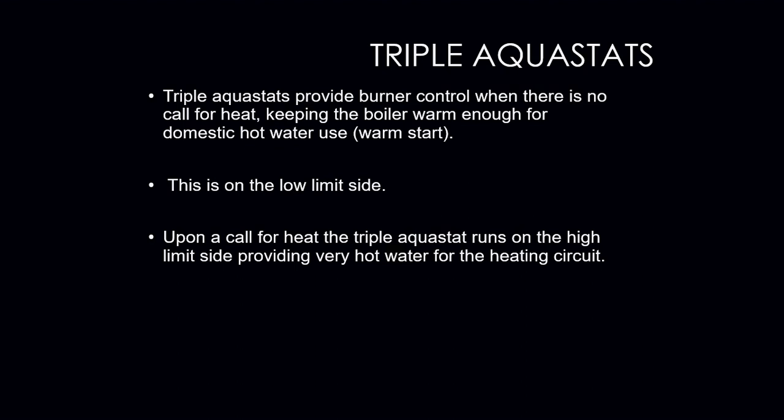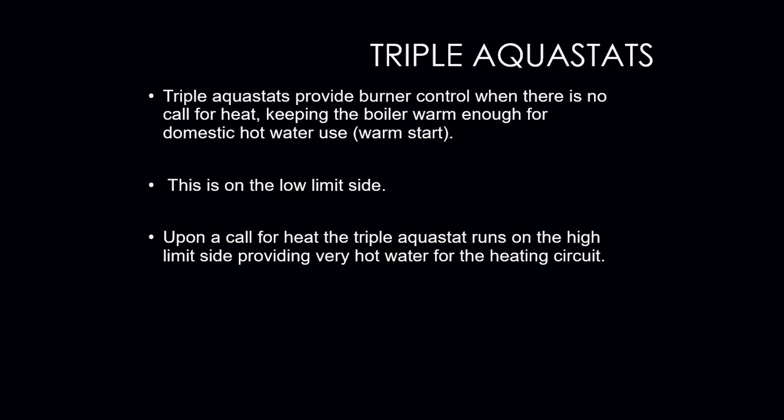Your triple Aquastats provide burner control when there is no call for heat, keeping the boiler warm enough for your domestic hot water use. We call that a warm start boiler, 160 degree minimum. This is on our low limit side. Upon the call for heat, the triple Aquastat runs on the high limit side, providing very hot water for the heating circuit, 180 degrees.